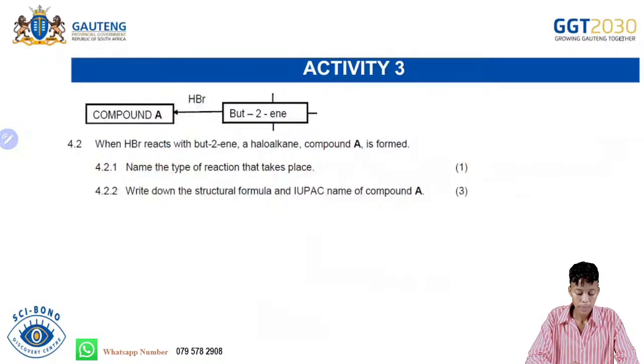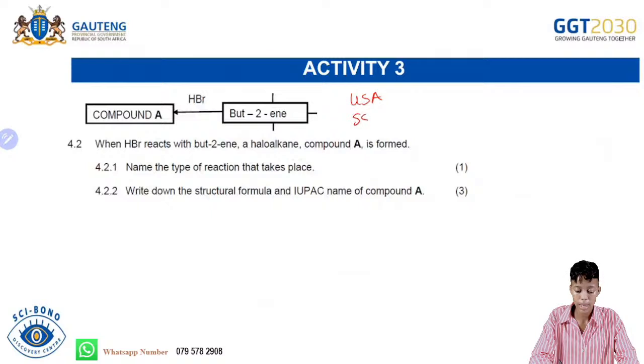Then it says, when HBr reacts with but2-ene, a haloalkane, which is compound A, is formed. Then it says, name the type of reaction that takes place. So again, what is it that you are going to use?